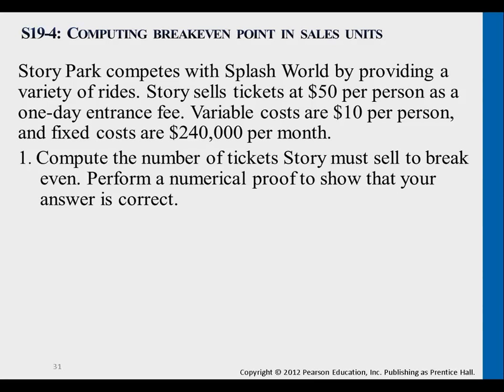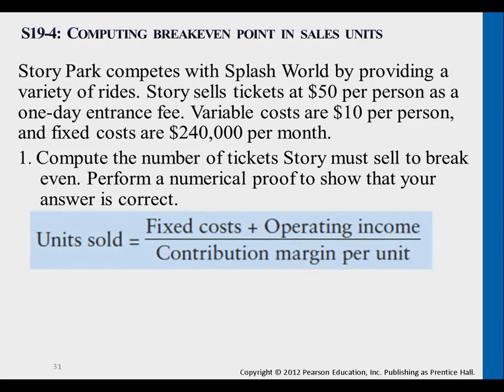You're going to use the formula for units sold, right? Just like we saw a second ago. So what am I going to do? I'm going to sum my fixed cost and operating income, and I'll divide it by contribution margin per unit. And this is how I have my units sold. Do I have anything about my operating income here?